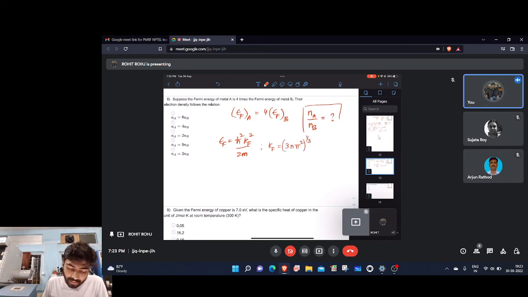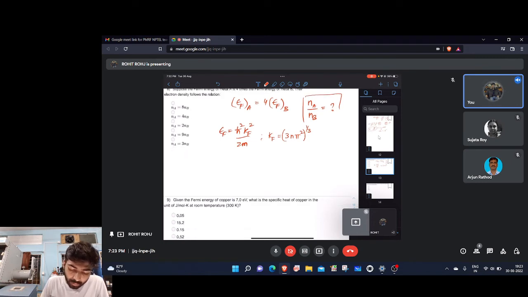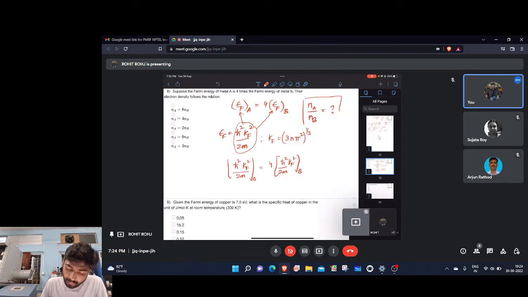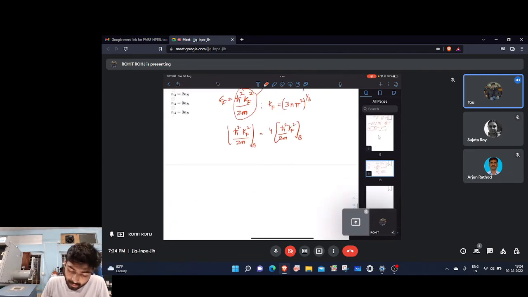Now what I can do is plug these values into these two equations, and what I found is this: h cross square kF square divided by 2m for metal A is actually 4 times h cross square by 2m kF square for metal B.